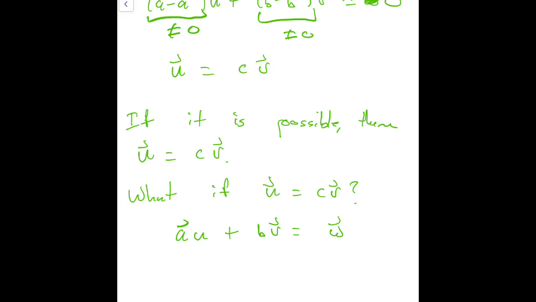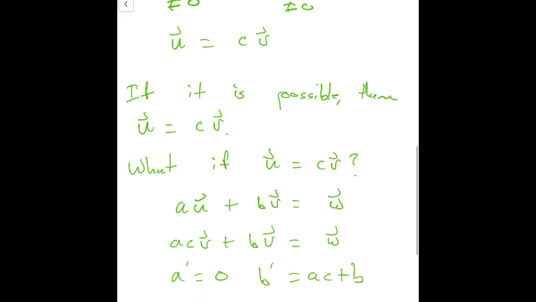We can just write this equation as ACV plus BV is equal to W. And now we can take A prime is equal to 0 and B prime is equal to AC plus B. Okay, and so those are different constants that make the equation true.